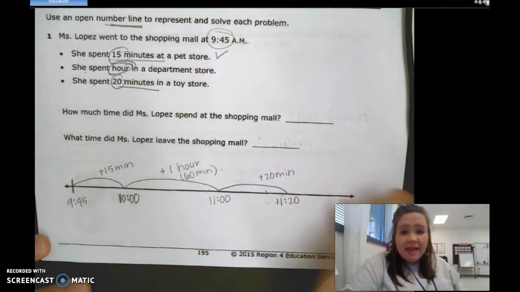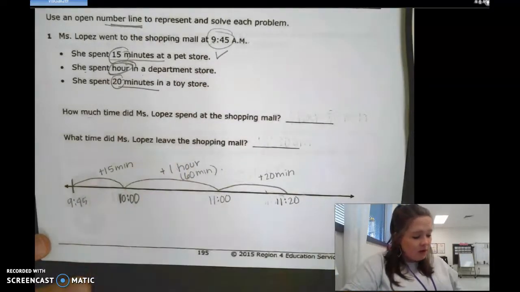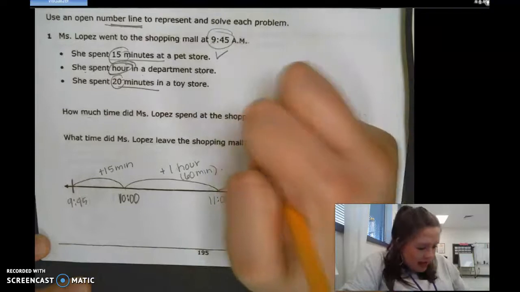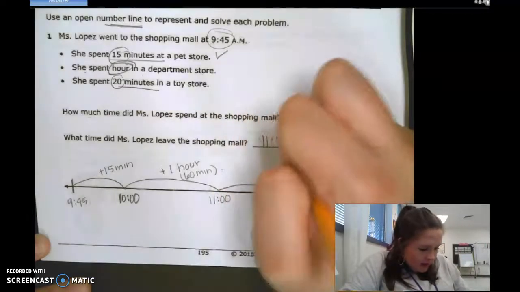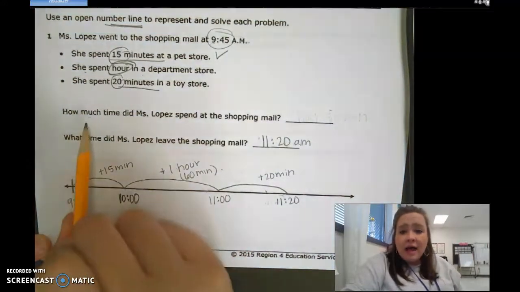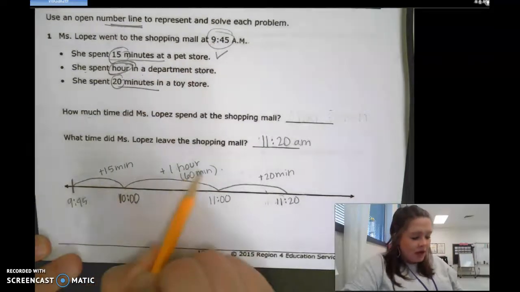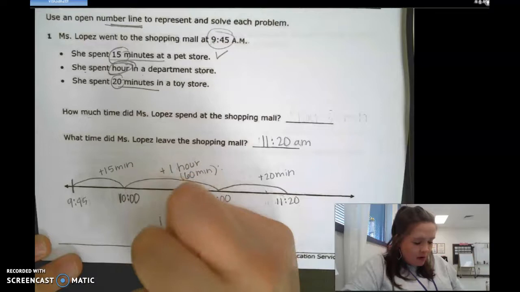11:20. Okay, and that's it. So what time did she leave the shopping mall? She left the shopping mall at 11:20 a.m. Now, how much time did Miss Lopez spend in the shopping mall? Well, I know that she spent 1 hour. So I'm going to write 1 hour.